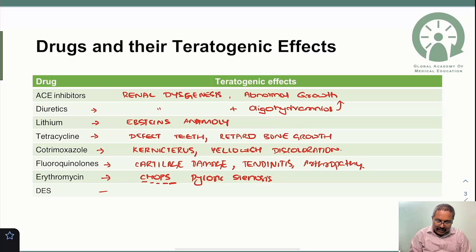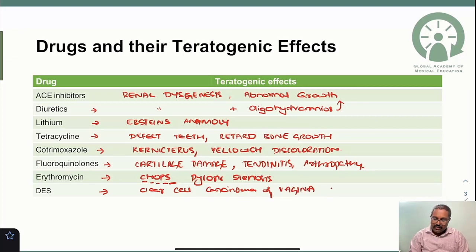So what about diethylstilbestrol? Diethylstilbestrol is known to cause clear cell carcinoma of vagina in female offspring, but it is also known to cause testicular carcinomas in male offspring also. But most commonly it is proven to cause clear cell carcinoma of vagina in the offspring.